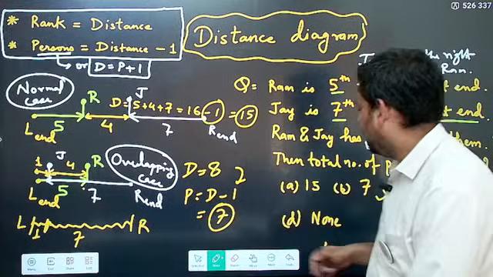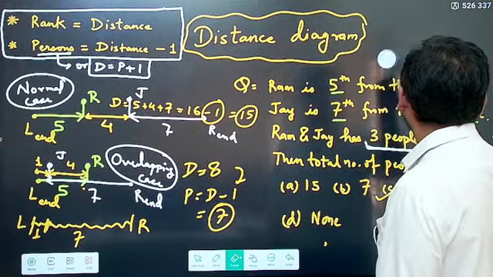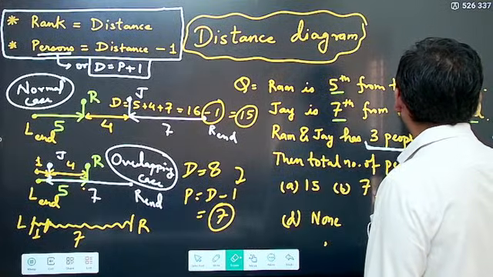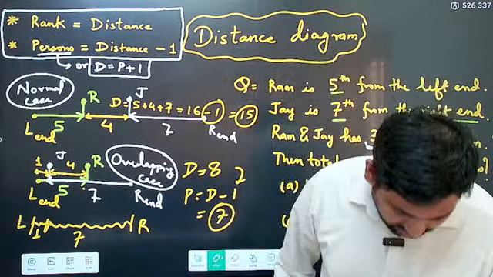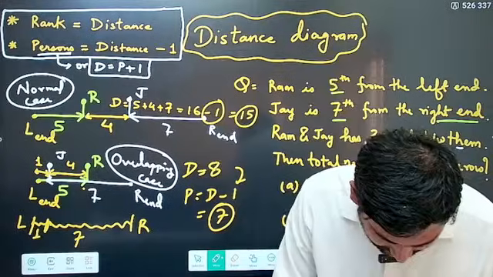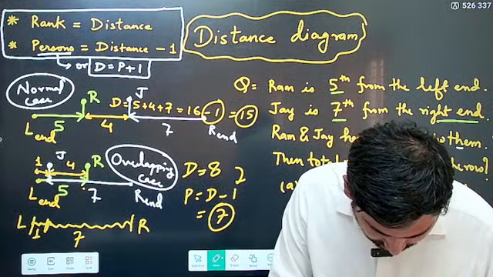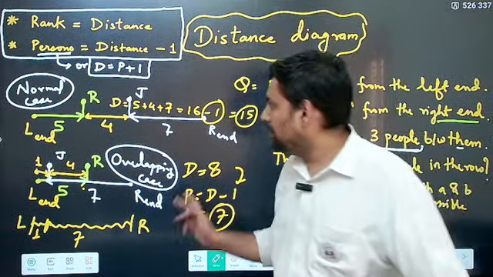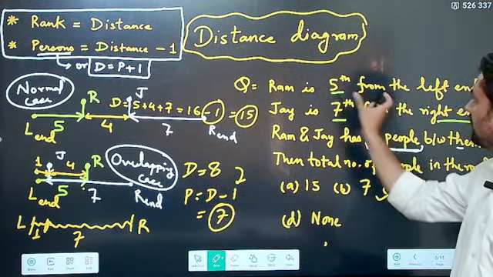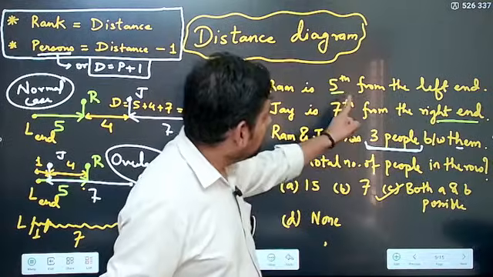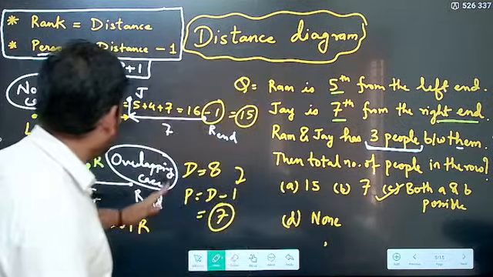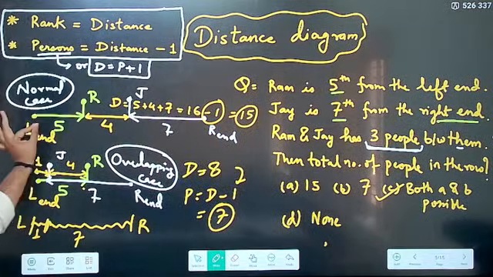Correct? Now, if you understand this, then we can start doing questions. This is the only typical part, left and right. In the question itself, they will mention that Ram is fifth from the left end. Then I have to take it from the end. This is the end point, correct?